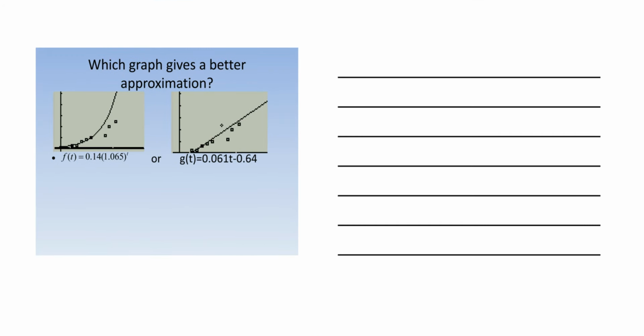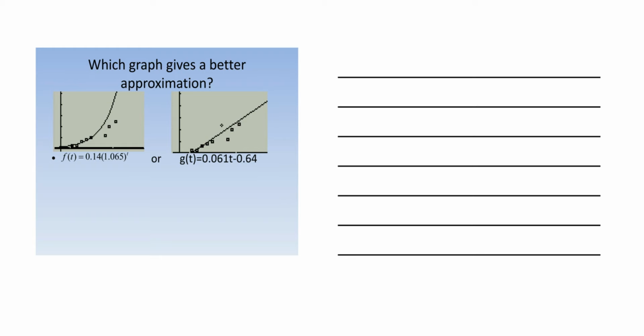Which graph gives a better approximation? This is based on your point of view. To the left side, we have an exponential function. If we do an exponential regression, we get f of t equals 0.14 times 1.065 raised to the power of t. On the other hand, if we do a linear regression, we get g of t equals 0.061t minus 0.64.